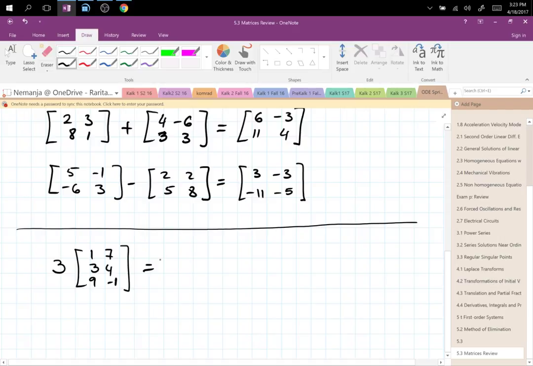You can have them with more rows or more columns. If they have the same number of rows and columns, it's called a square matrix. So this would be 3, 9, 27 going down the first column, and then 21, 12, and -3 going down the second column. So that's a scalar multiplication.